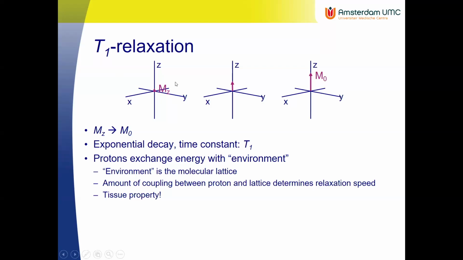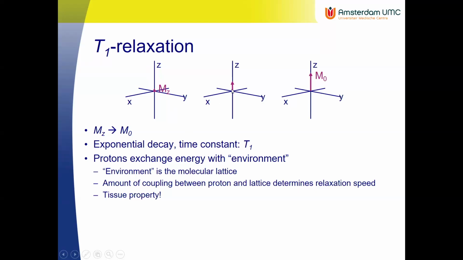I tried to draw that schematically on this first slide of the animation: the length of the arrow pointing vertically is 0, because the total vector is in the XY plane.